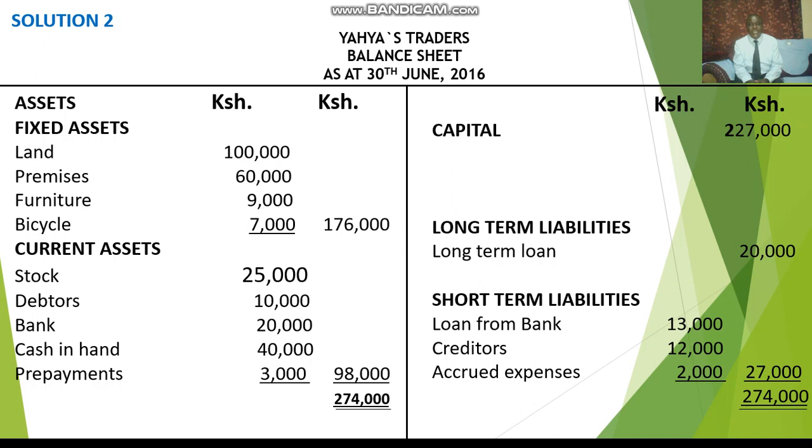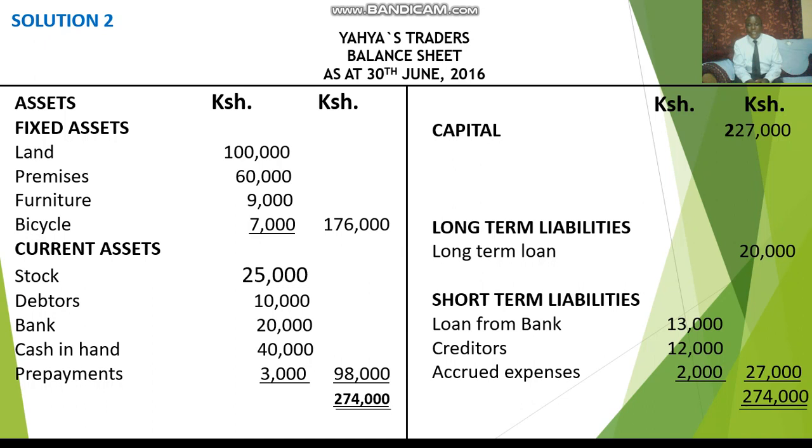We go to current assets. We have stock 25,000, debtors 10,000, cash at bank 20,000, cash in hand 40,000, prepayments 3,000. You add the current assets, you get 98,000.